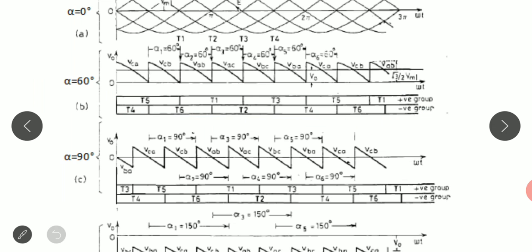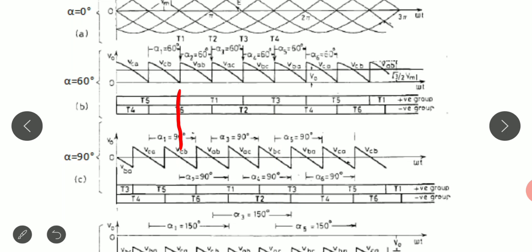30 degree delay means thyristor T1, which was conducting in previous case at this instant, will now conduct after a delay of 30 degree. Similarly, T1, which was conducting at this interval, will conduct after a delay of 30 degree. Similarly, T4, which was conducting at this interval, will conduct after a delay of 30 degree.